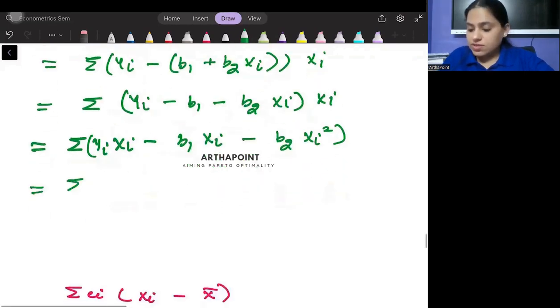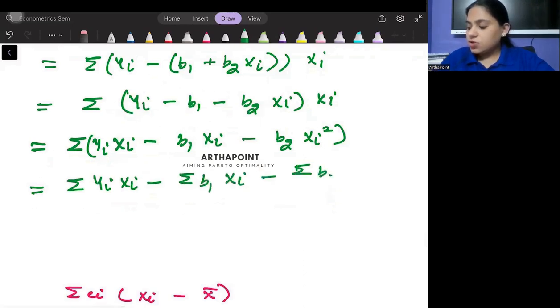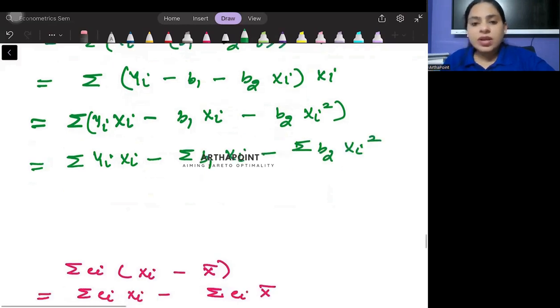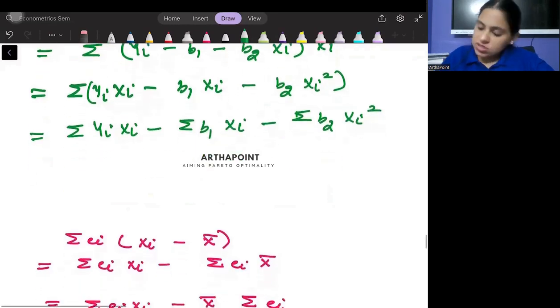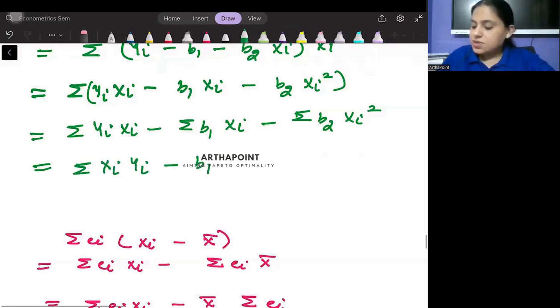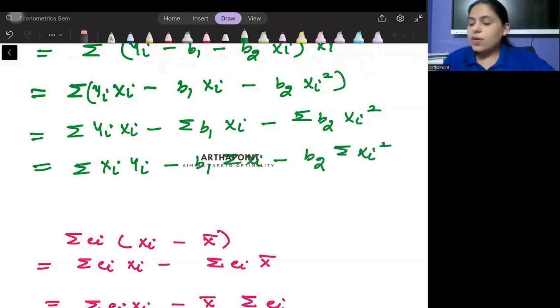I will open up the summation: summation yi xi minus summation b1 xi minus summation b2 xi square. Now this b1 and b2 are just constants, so this will be summation xi yi minus b1 summation xi minus b2 summation xi square.